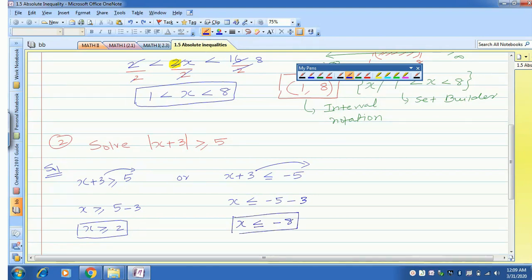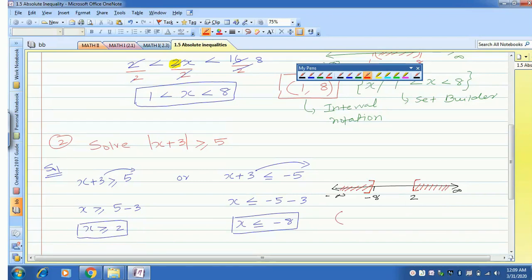Now I have to find the union. So what is the graph of this? Let us draw the graph. This is plus infinity, this is minus infinity, and this is minus 8. Here you have positive 2. It is closed on the left here, and this one is closed on the right.